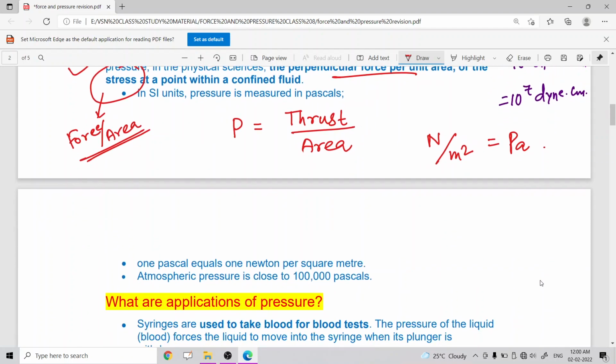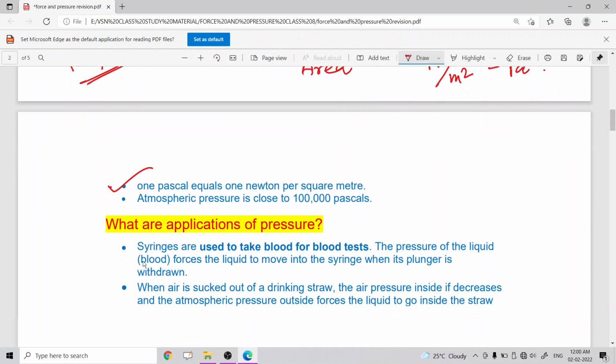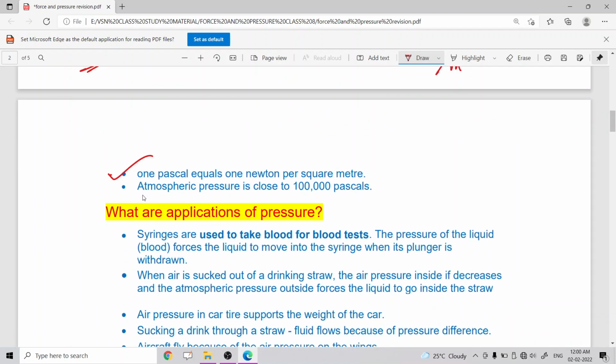In the SI system, pressure is measured in Pascal. 1 Pascal is equal to 1 Newton per 1 meter square, and 1 atmospheric pressure is very close to 100,000 Pascals.